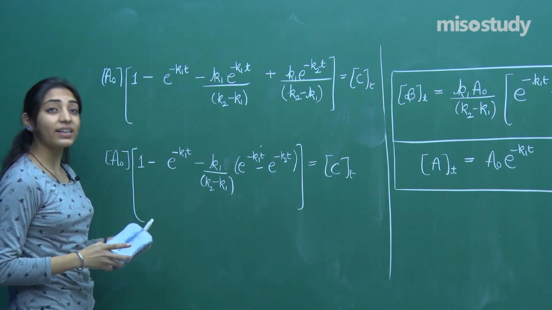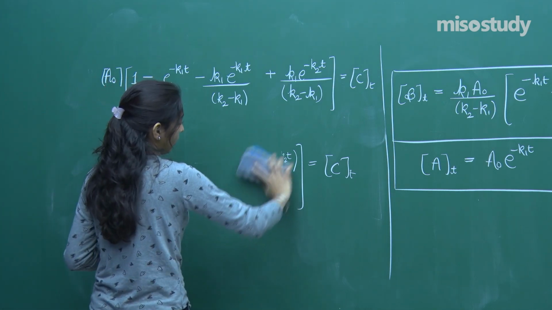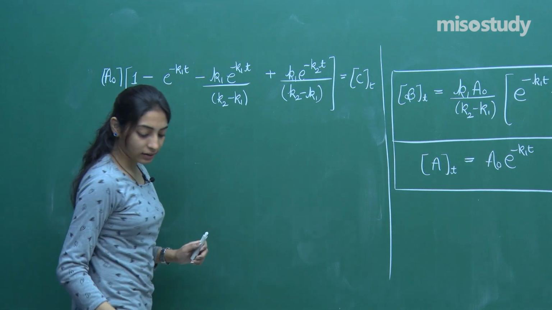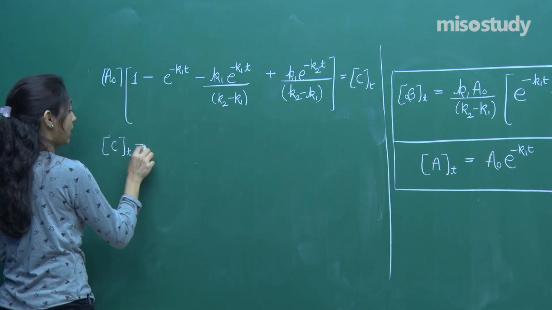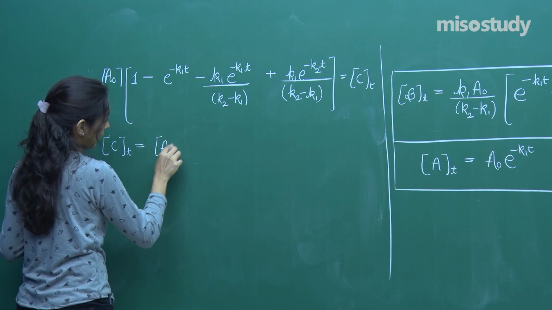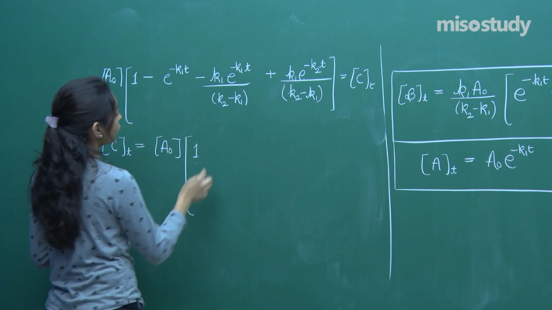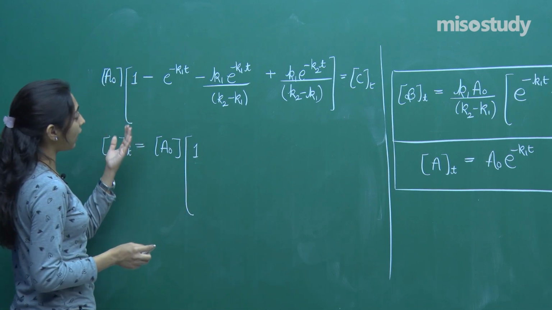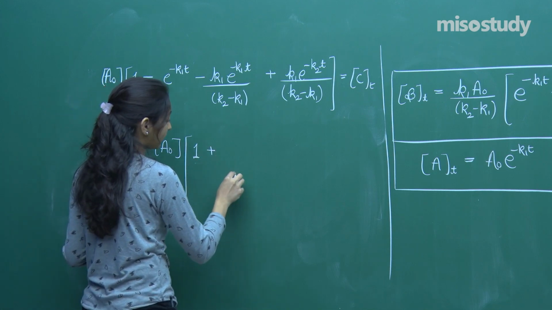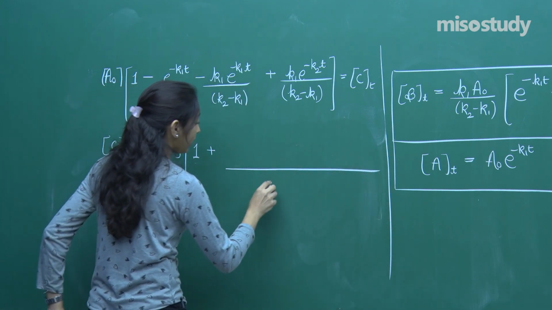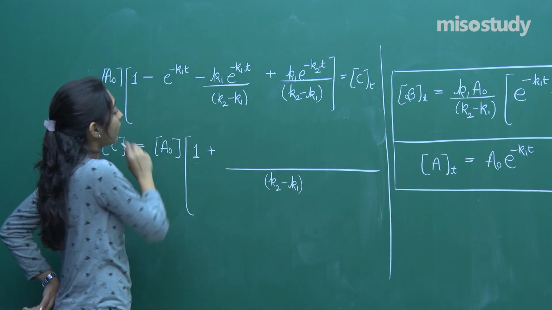Okay, but still I have not come up to the final answer. So how will I solve it further? Now I can say the concentration of C at time T will be equal to A naught, then this 1 is there. Now you can take this LCM, 1 plus. Now you write K2 minus K1. So just leave this one term aside.